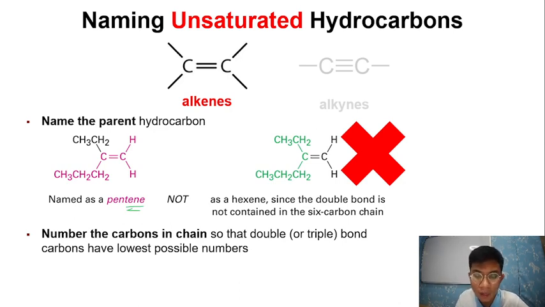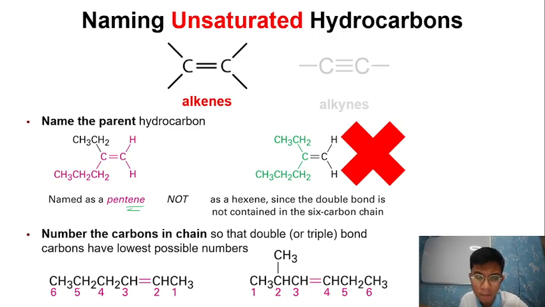So, in case ito naman kayo, you should number the chain so that the double bond for the alkene or the triple bond in alkynes, the carbon should have a lower or lowest possible number.